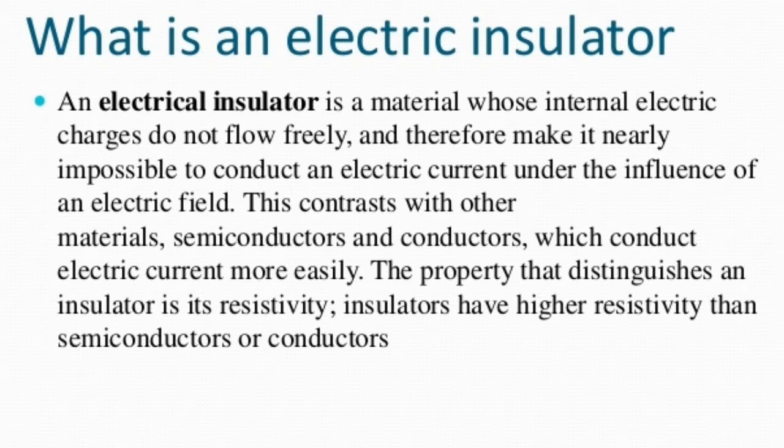Because here the electrons and protons are so merged with each other that they don't allow any of their particles to move from one body to another. Whereas in conductors or semiconductors, the scenario is different. They allow free electrons to flow from one body to another body, which causes positive or negative ions on one side, and they make the body charged.